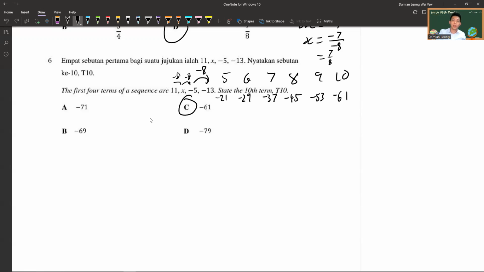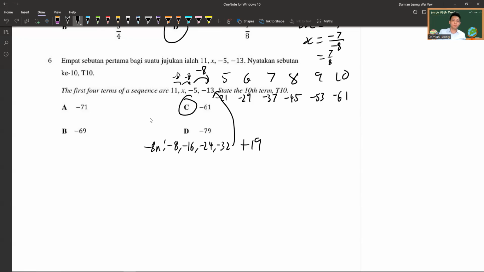Or if you want to find the nth term, compare this with negative 8n: negative 8, negative 16, negative 24, negative 32. To change from this sequence to this sequence, I need to plus 19.